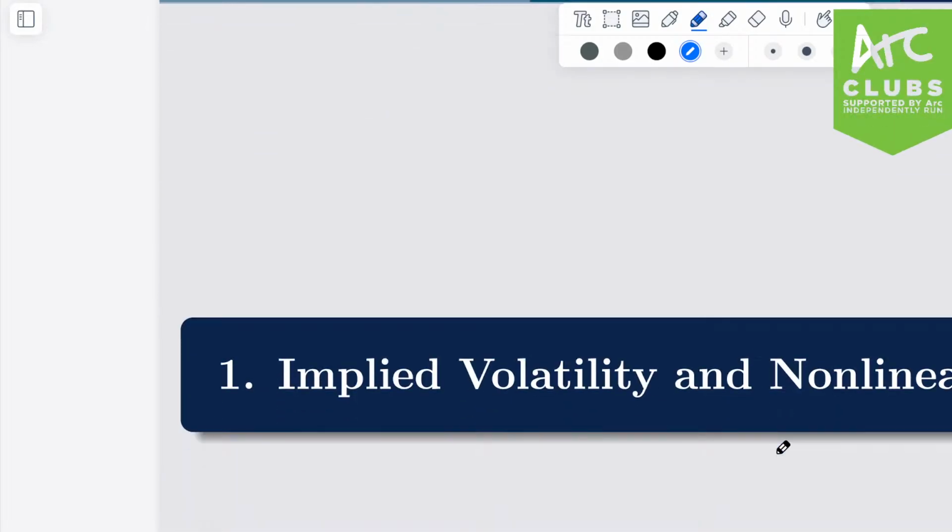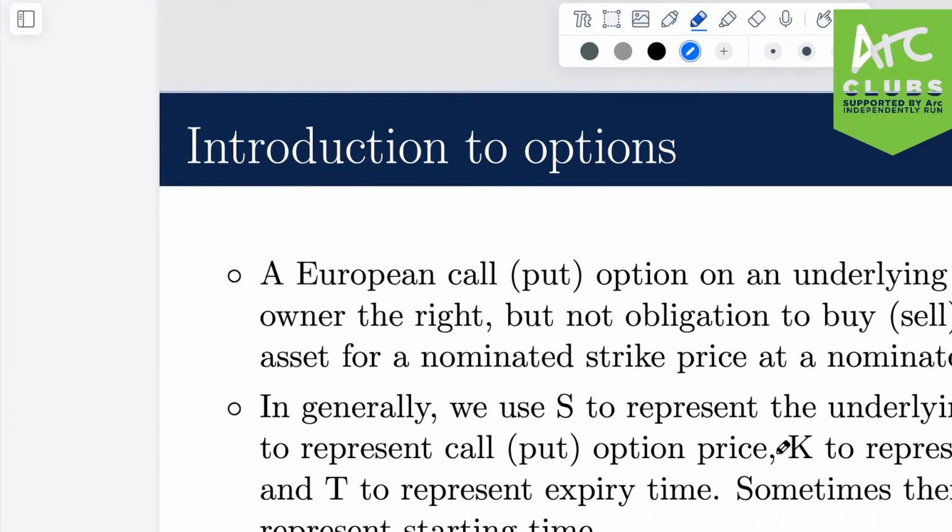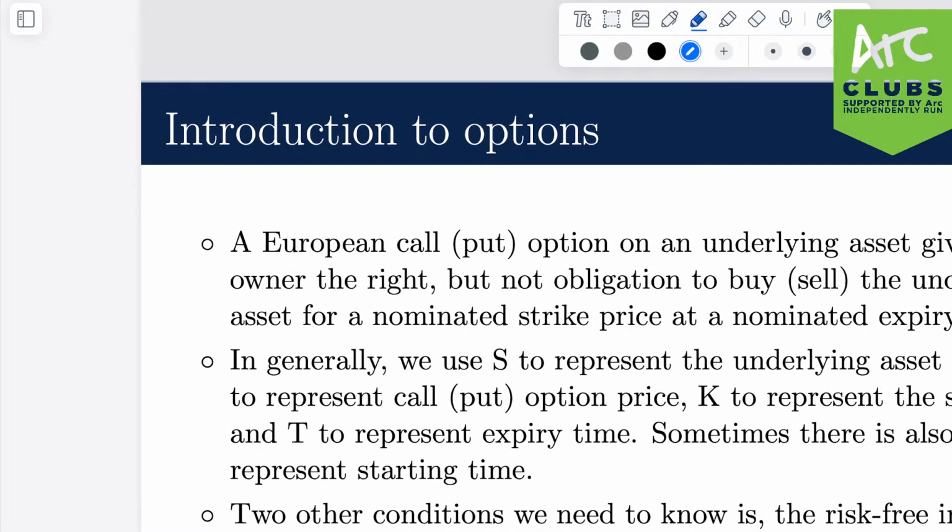So let's start with implied volatility and nonlinear equations. So maybe I can briefly introduce the financial intuition behind a put and a call. So maybe I'll just add a new page.